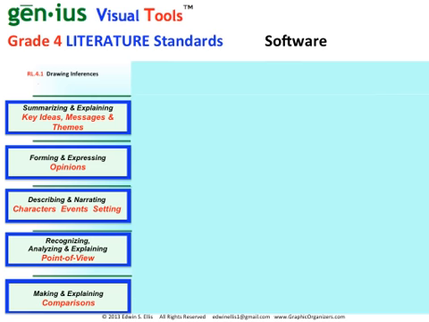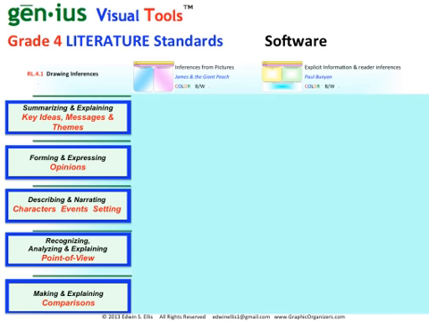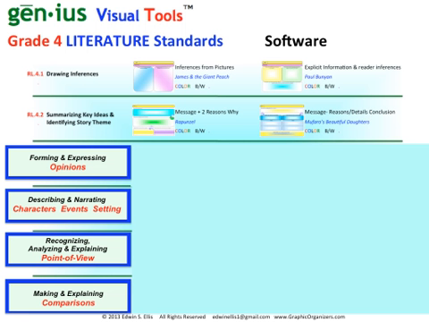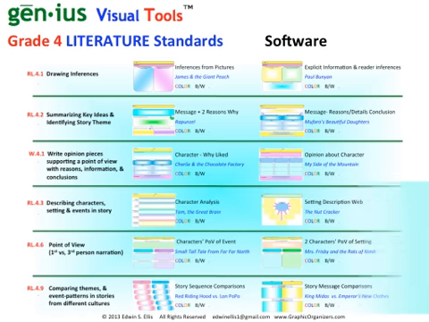So for an example, under drawing inferences, there's a series of visuals that are specifically designed for teaching drawing inferences. Likewise, for identifying key messages and themes in literature, I've designed a series of visuals that are developmentally appropriate for 4th grade level, and so forth and so on.